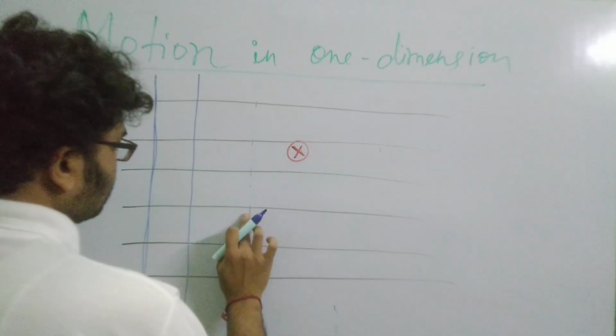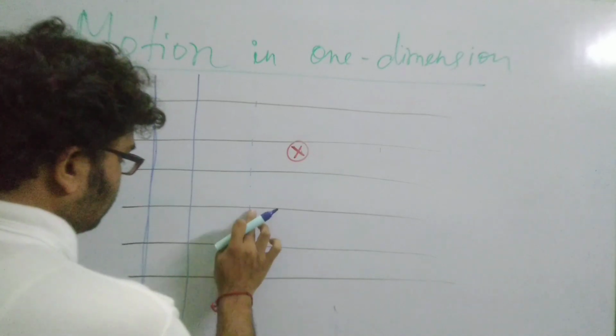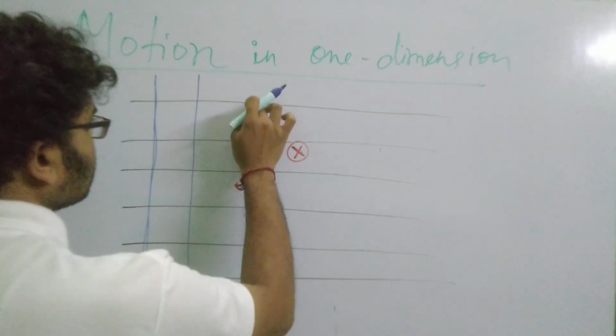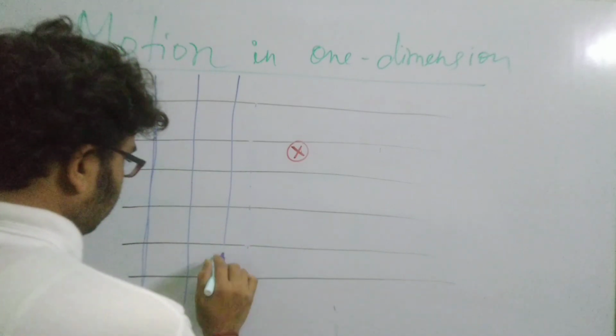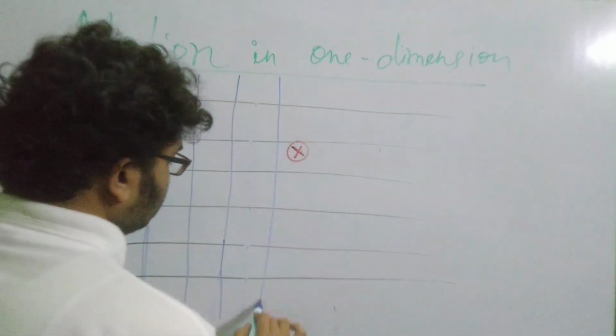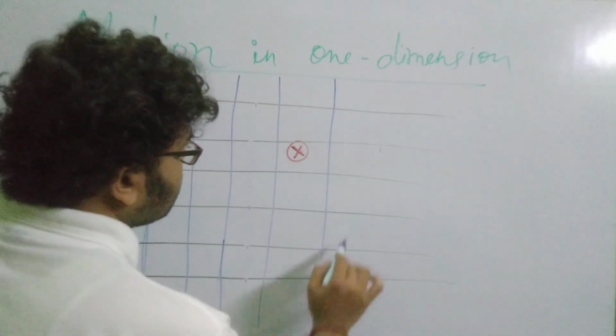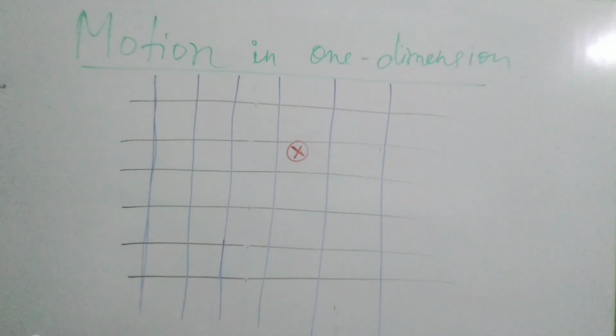Okay, so this is a bit far away, so I have to erase it. Okay, now this is another line. This is another line. This is another line like this. Okay, so fine. Now, if you want to actually specify this point marked as X, what will you do?